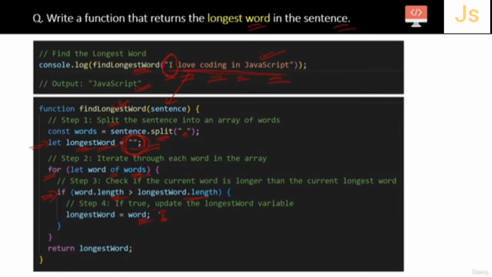So now the longest word is I. Then on the second iteration, the longest word I will be compared with the next word love, right? And again, since the love length is longer than I, now the longest word will be love. Like this, we will keep on comparing, and finally we will get the longest word as JavaScript. And if you compare any word with JavaScript in this sentence, that is shorter, right?